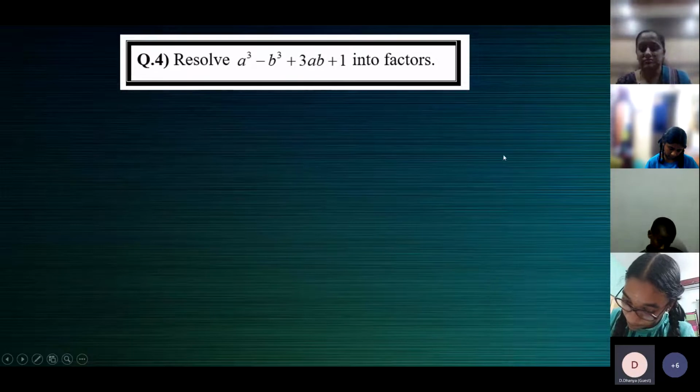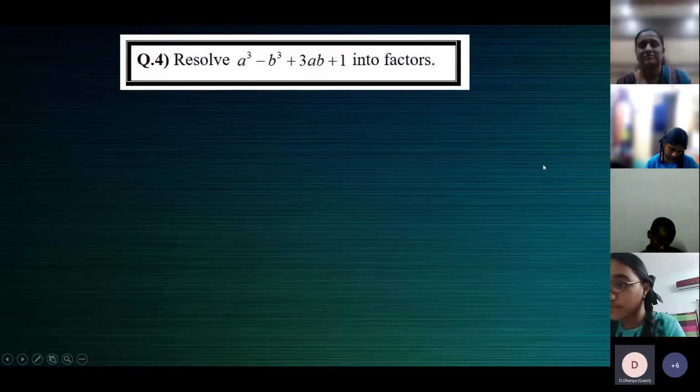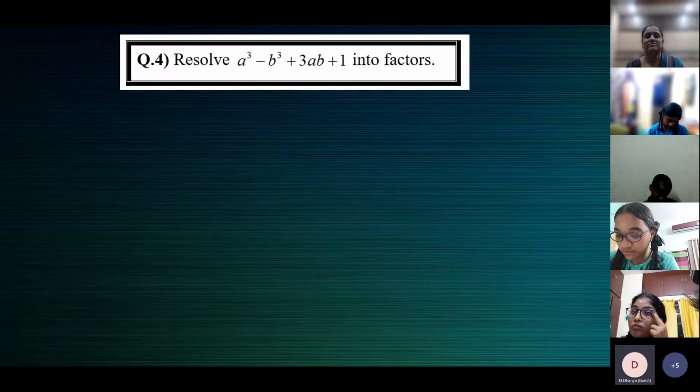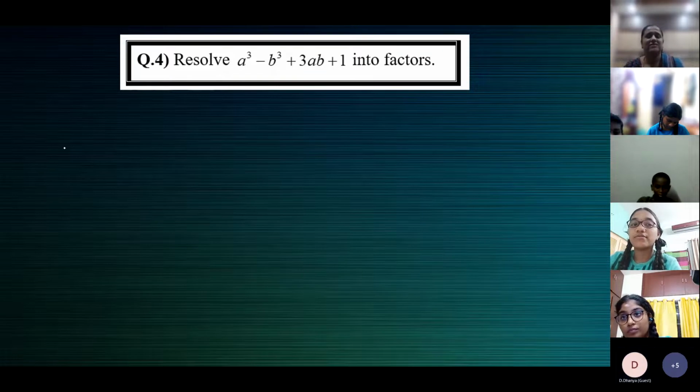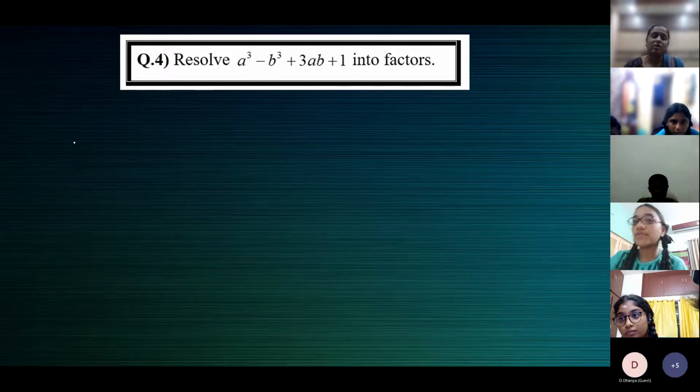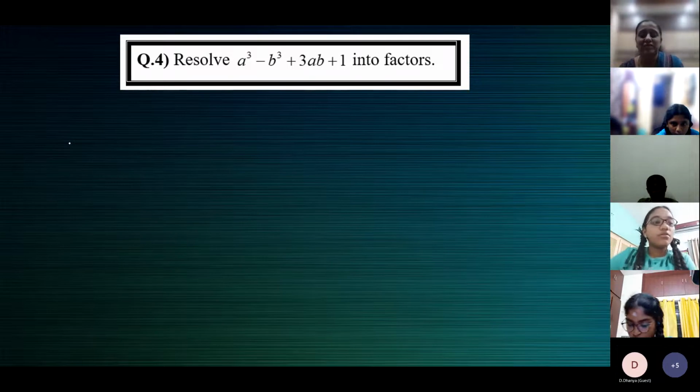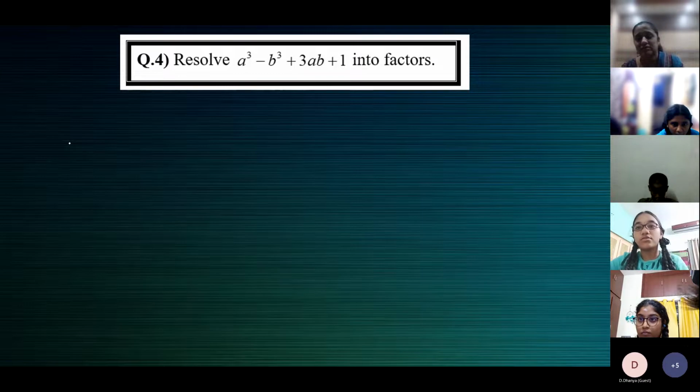Ma'am, I think it comes under the formula a cube plus b cube plus c cube minus 3abc. But I'm confused that there is no c term, ma'am. Okay, now you said it looks like a cube plus b cube plus c cube. Now, which is your c cube? One cube.